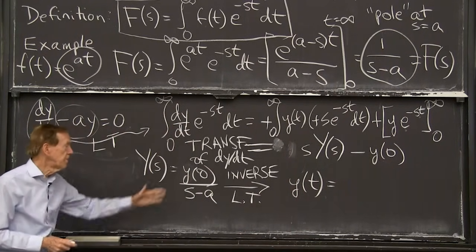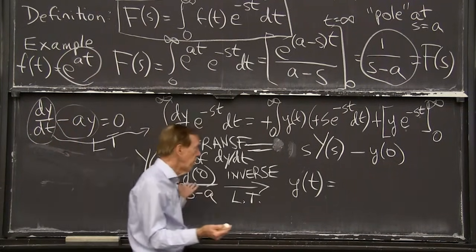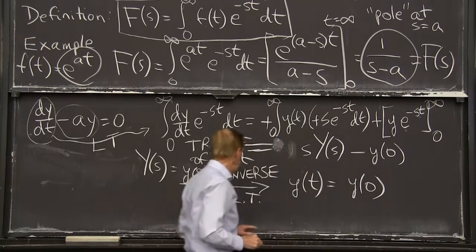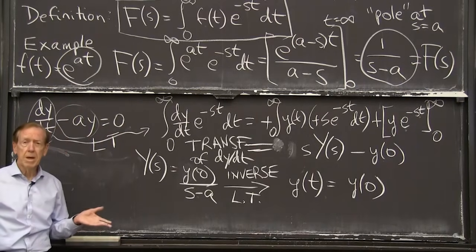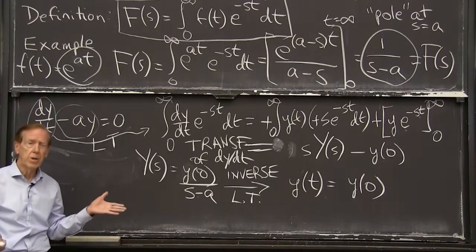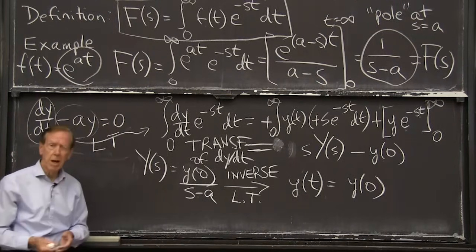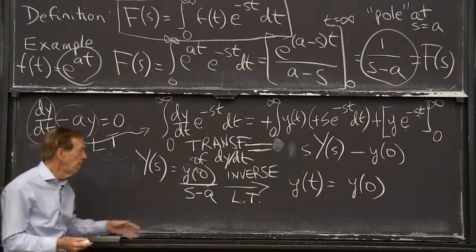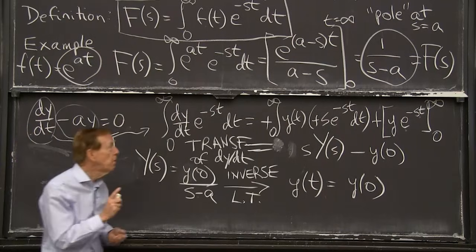Well, y of 0 is a constant. The Laplace transform is linear, no problem. So I have y of 0 from that. And now I have 1 over s minus a. So I'm asking myself, what is the function whose transform is 1 over s minus a? Then it's that function that I want to put in there. And what is the function whose transform is 1 over s minus a? It's the one we did.